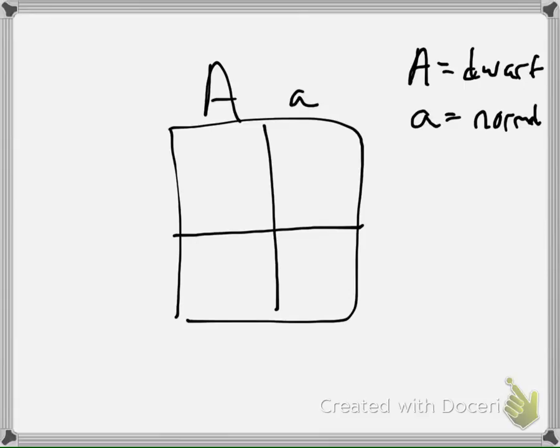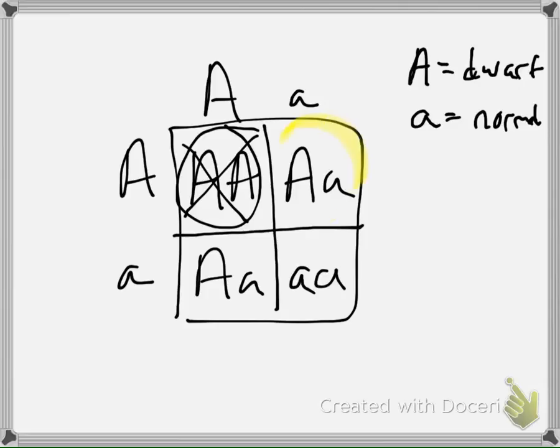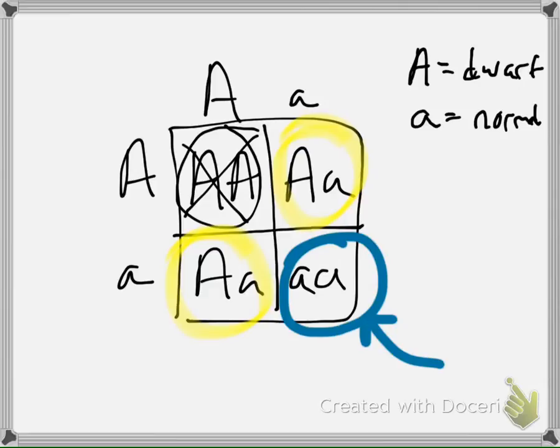If I mix two parents that are dwarfs, normally you would say that 75% of the offspring would be dwarf, except in this case right here, it's called a lethal allele combination, so this will die as an embryo. So you can only ever exist as heterozygous. And then this one right here will be normal height. So you'll have two dwarfs and one normal height.